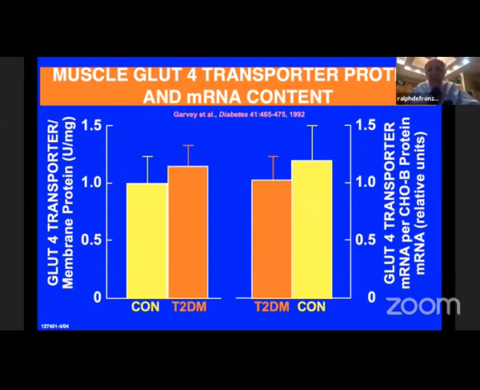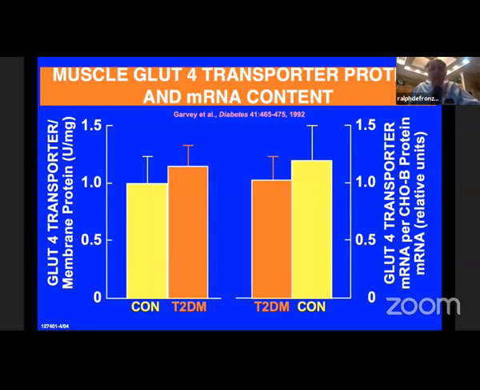Protein is shown to the left, the mRNA to the right. You can see that in response to insulin, as well as in the basal state, the amount of GLUT4 present in the diabetics in orange is no different than in the control subjects. So in terms of the muscle, we cannot explain the insulin resistance by a decrease in GLUT4.